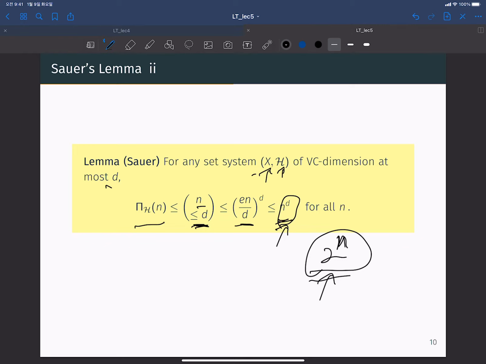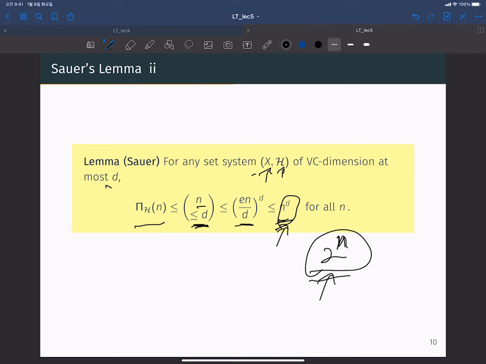So even if we have infinitely many hypotheses, when we have a finite input domain and a finite VC dimension, essentially the number of hypotheses defined on our input domain can be easily upper bounded by this polynomial.